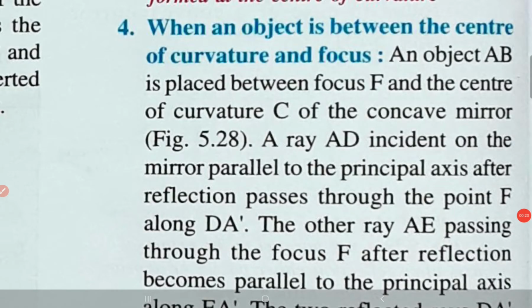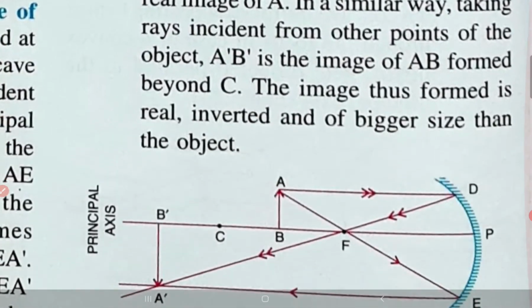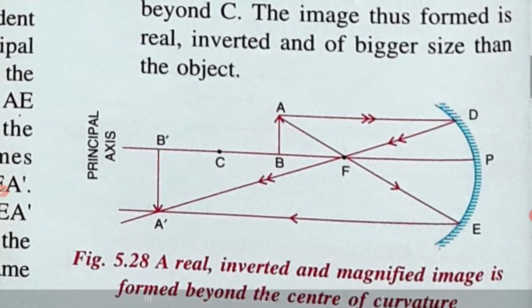So coming to the fourth condition, when the object is kept between the center of curvature and the focus, that means this particular diagram. So let us see how to draw this diagram and what will be the nature of the image formed.